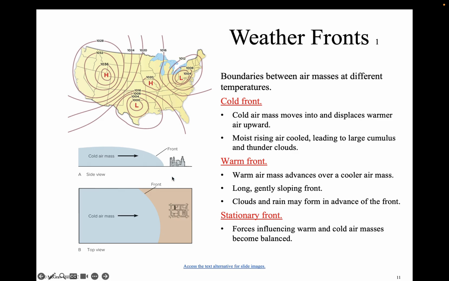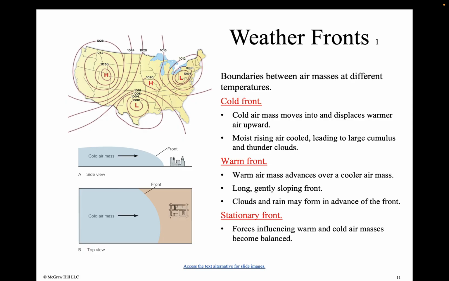Here we're gonna have the formation especially of cirrus and stratus types of clouds, and clouds here may form in advance of that front, and as a result of these clouds you can have drizzle.